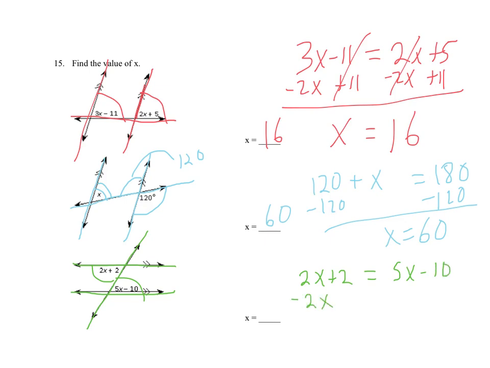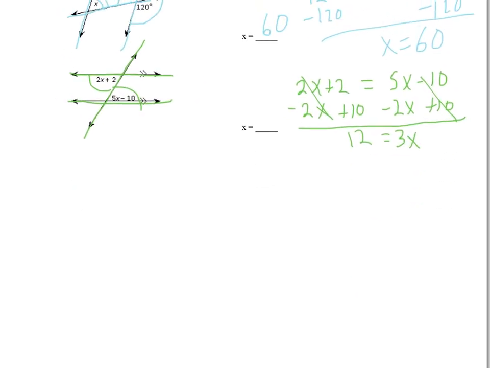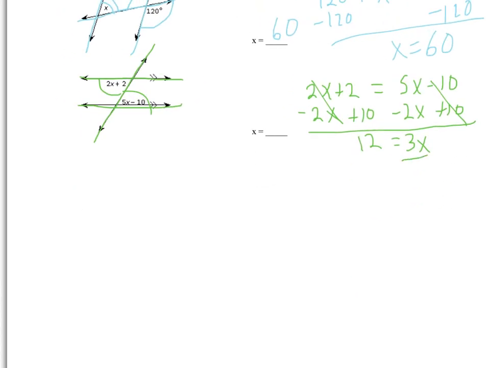Isolate my variable. Equals 3x. So we'll divide by 3, and x is equal to 4.